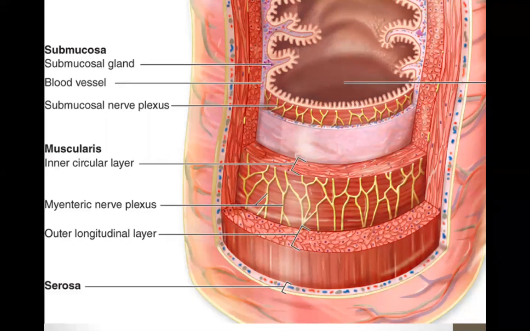Lahat ng glands sa digestive tract or gastrointestinal tract are only found at the lamina propria except number 1, esophagus, and number 2, duodenum. Okay? All glands are found at the lamina propria except number 1, esophagus, and number 2, duodenum.